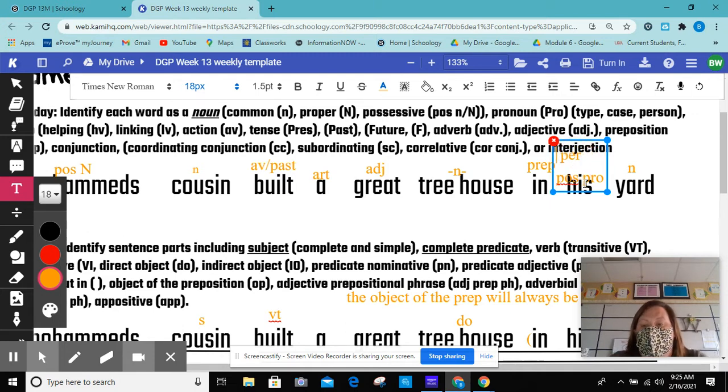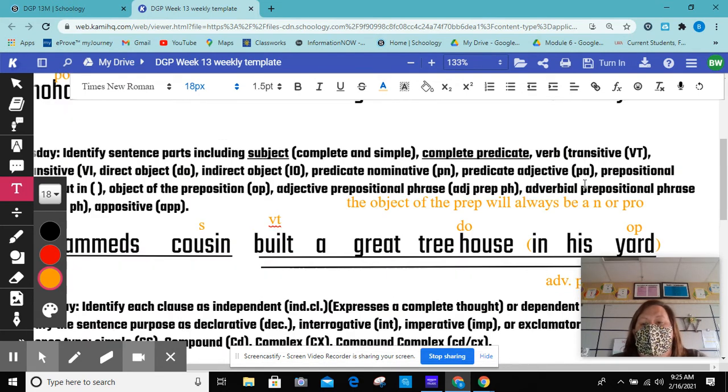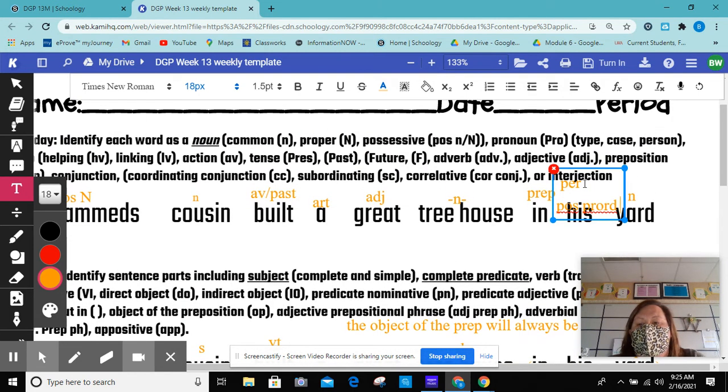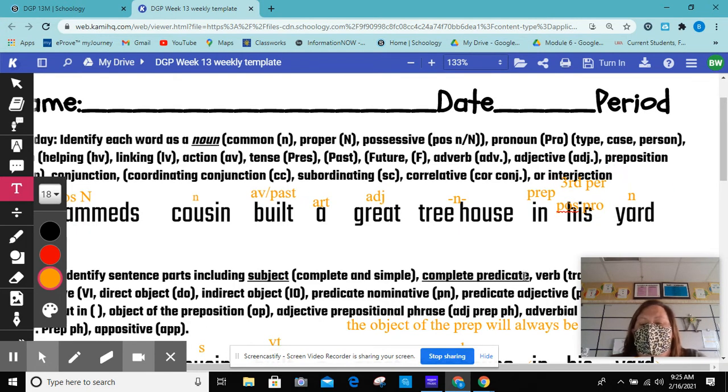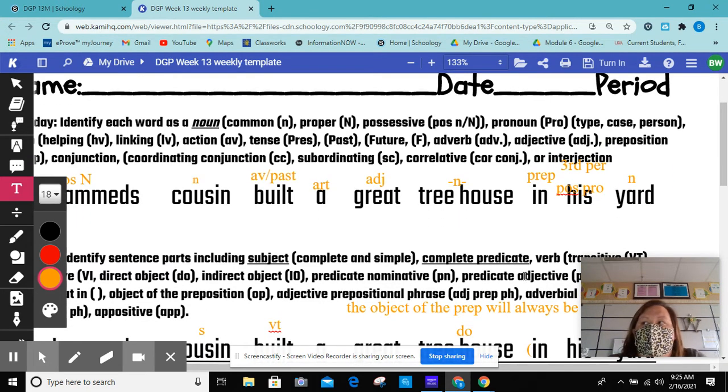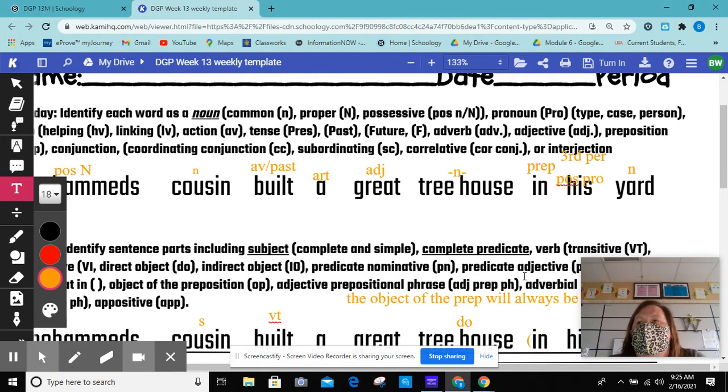So I wanted to correct that and make sure that y'all know that I made a mistake in telling you that. It is a third person possessive pronoun. Please make sure that you fix that.